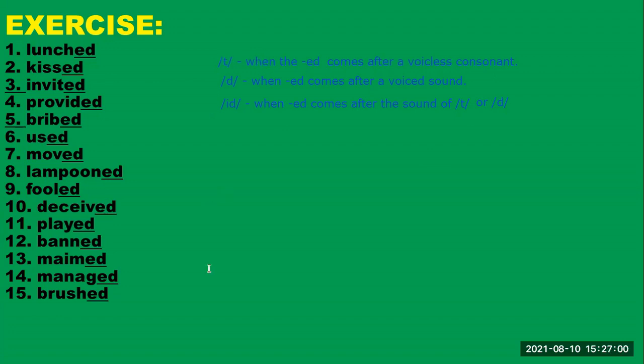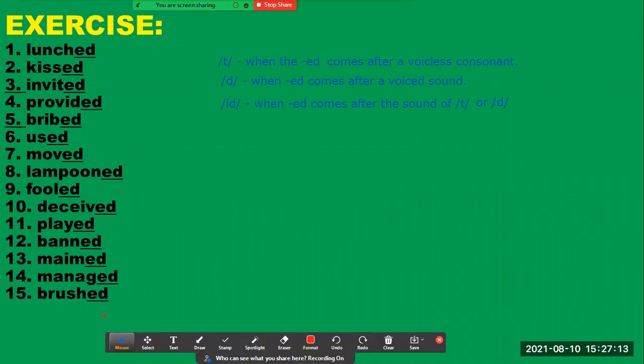And how do we apply it? Let me take you through this once again. You can see here, the sound here is a voiceless consonant, and that voiceless consonant, I'm going to show you, is the ch sound.